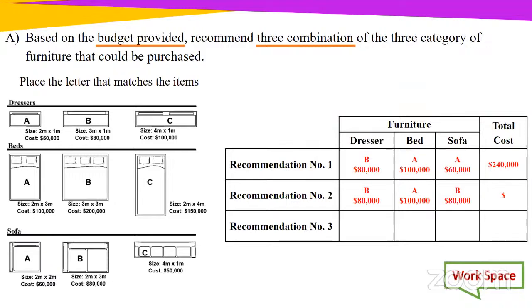So the others of you can put the total in the chat. We're now totaling the recommendation given for 2: dresser B, bed A, and sofa B. So you can go ahead and put the total cost in the chat. $60,000.